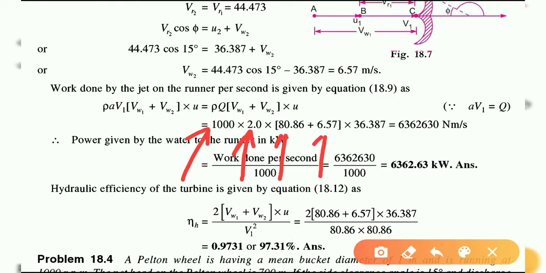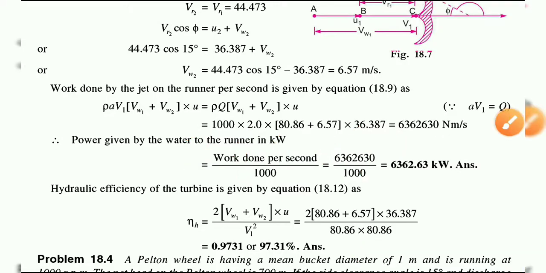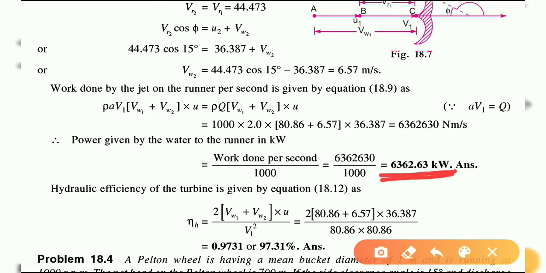Vw1 and Vw2 we have just calculated. Value of U we have calculated above. Hence the power will be 6362630 Newton meter per second. If we divide it by 1000, then we will get the power in kilowatt. So power in kilowatt is equal to 6362.63 kilowatt. So this much is the power given by the water to the runner in kilowatt.